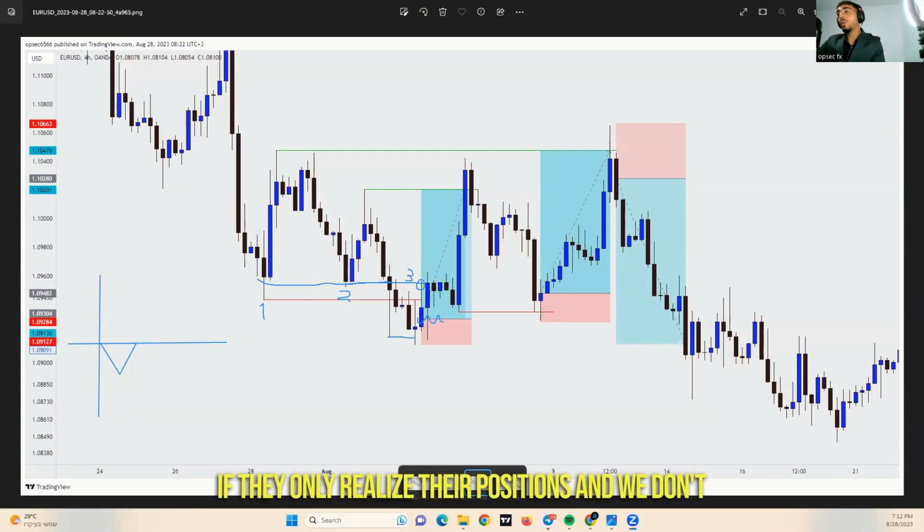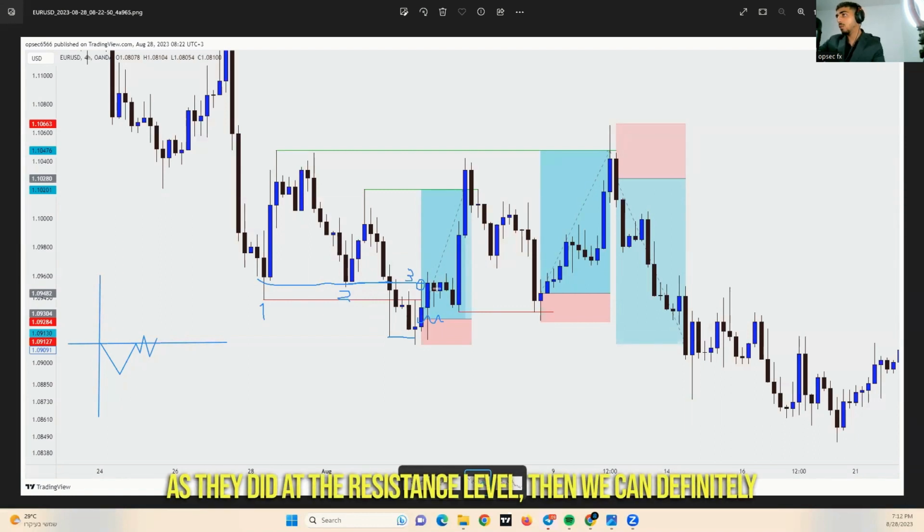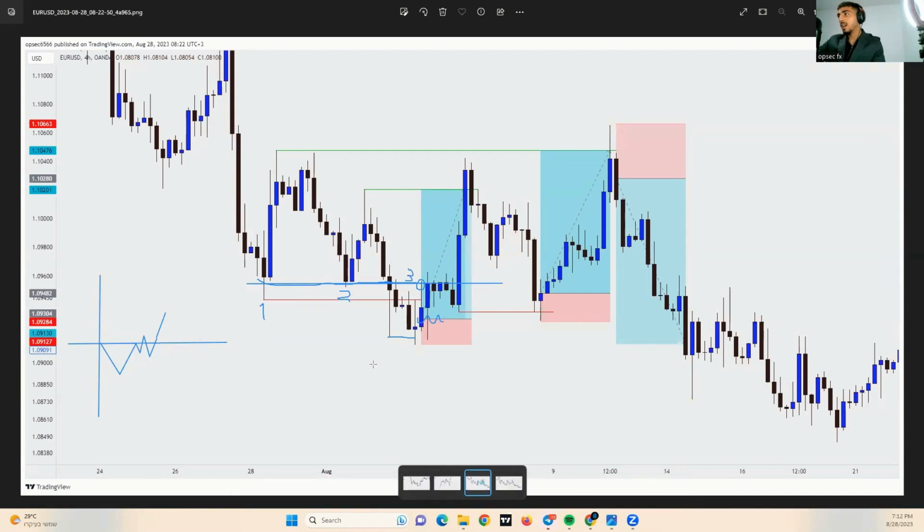If they only realize their positions and we don't know if they open shorts or longs, then it might be consolidating around here, and we don't have the type of data to be able to predict where exactly it is in respect to this line. But if we can clearly see that they opened longs, such as they did at the resistance level, then we can definitely and clearly say that price is in the long side.